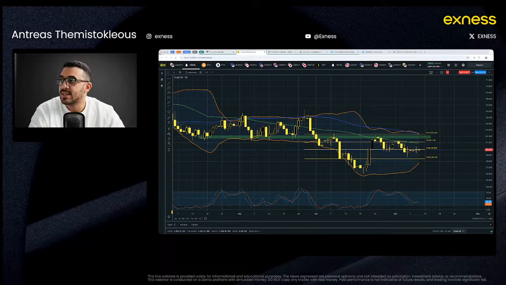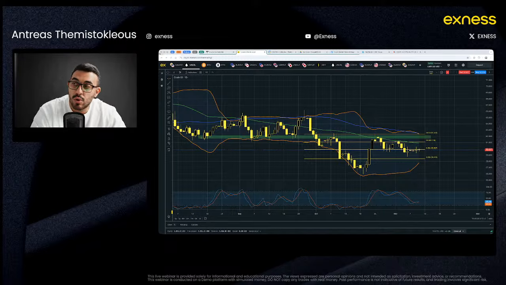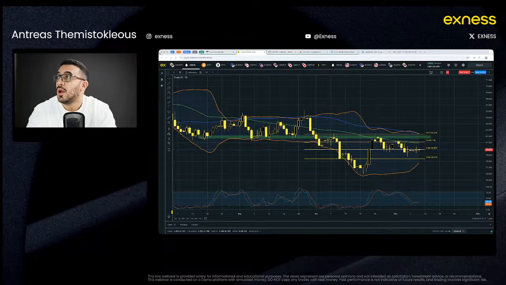Because the price retested this area multiple times over the past couple of months, both as a resistance and as a support. So we have multiple retests of this area, so it automatically means that it's a very strong area on the chart for crude oil.